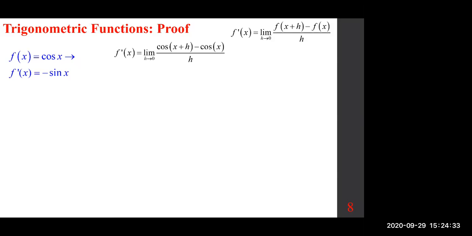Now, what is cosine of alpha plus beta? Cosine alpha cosine beta minus sine alpha sine beta. So we are going to apply this, okay.